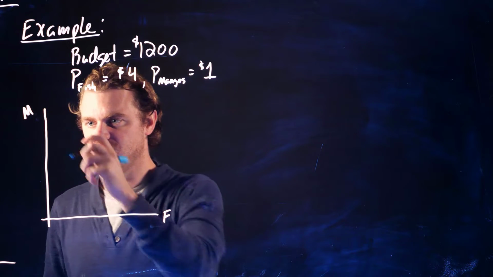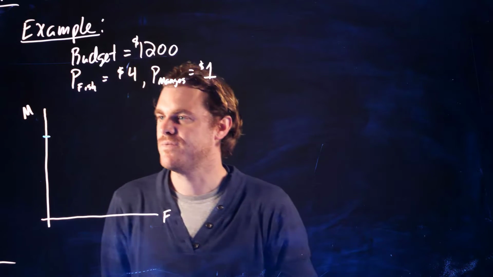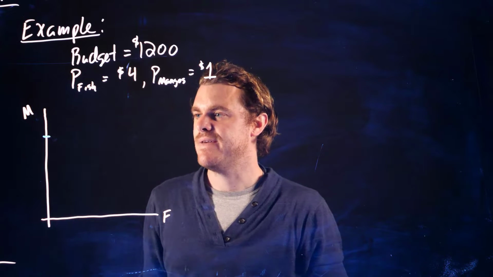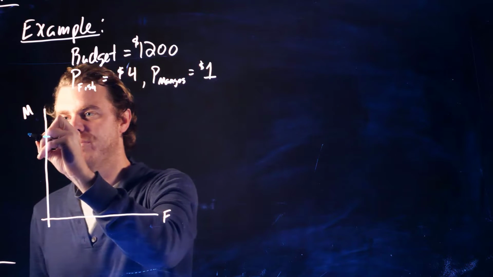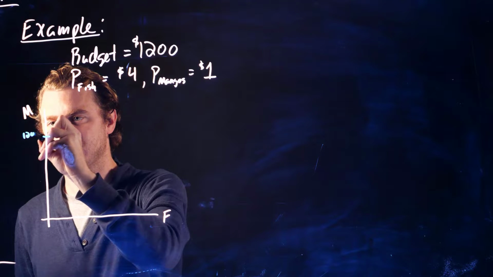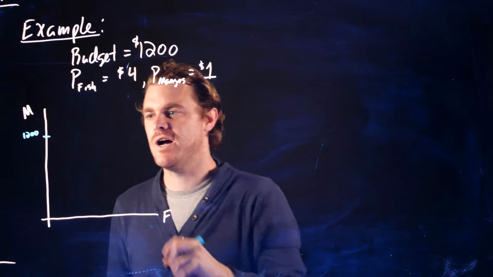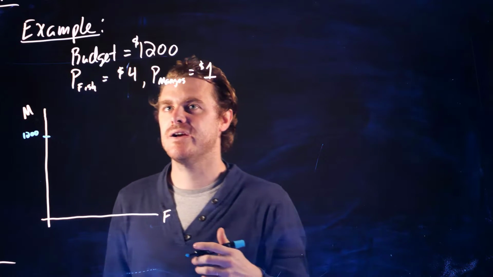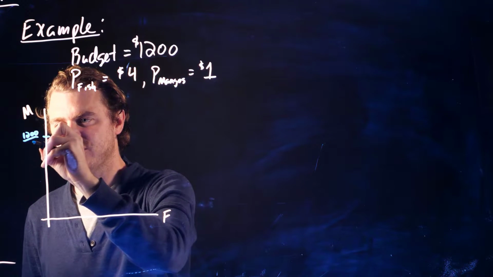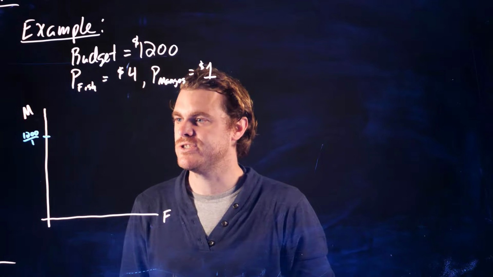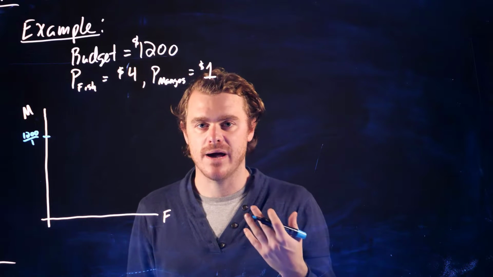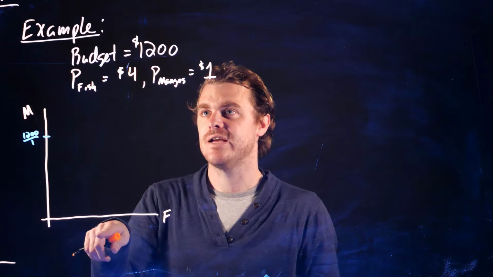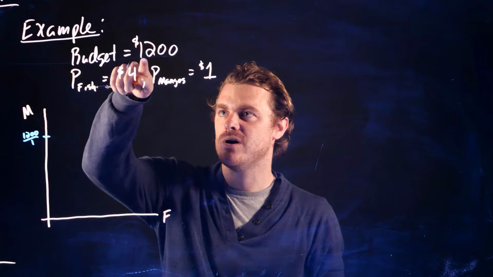The first thing we can figure out is this y-intercept here. To figure that out, we take our budget, $1,200, and think about if Alex just spent that money on mangoes, how many he could afford. Well, he could afford 1,200 mangoes, right? The total budget, 1,200, divided by 1, the price. And then we can look at the other intercept down here. He has a budget of $1,200.